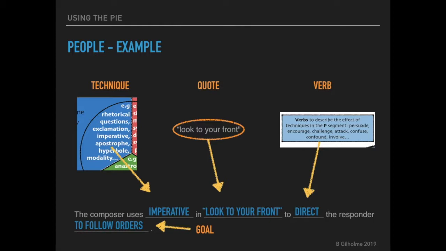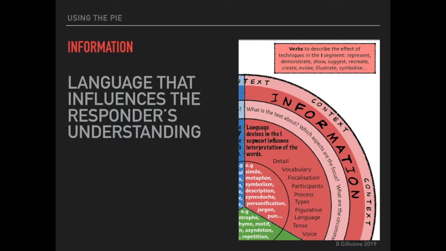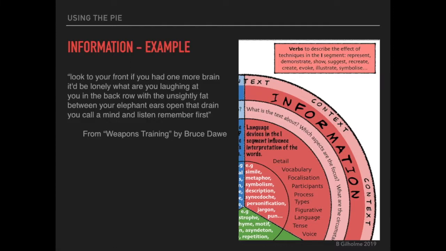So we've looked at the P segment, now we're going to move on to the I segment, so that's the information. And in the I segment, it's all about the language that influences the responder's understanding of the information. Going to our same example, the one from Bruce Dawe, and again there's a set of language techniques that are fairly closely tied to the way we represent information.